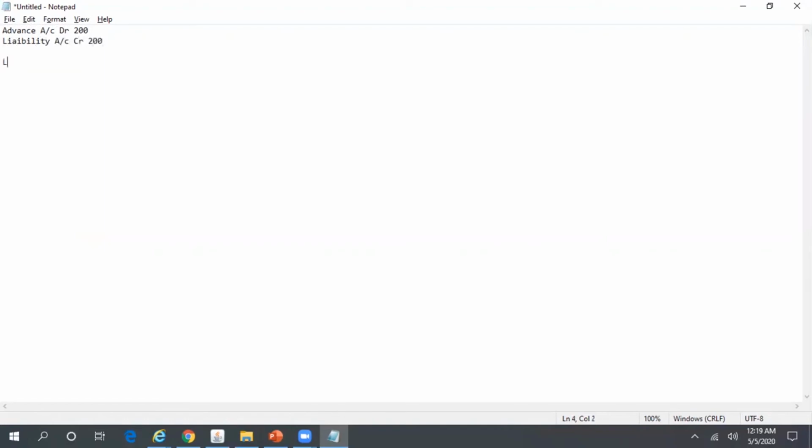When you make a payment of your prepayment, the journal entry would be liability account debit $200, your bank account credit $200. So the net journal entry is advance account debit and your bank account credit once you make a payment. Okay. Now your objective is you want to get a refund of the 200 rupees from the vendor.